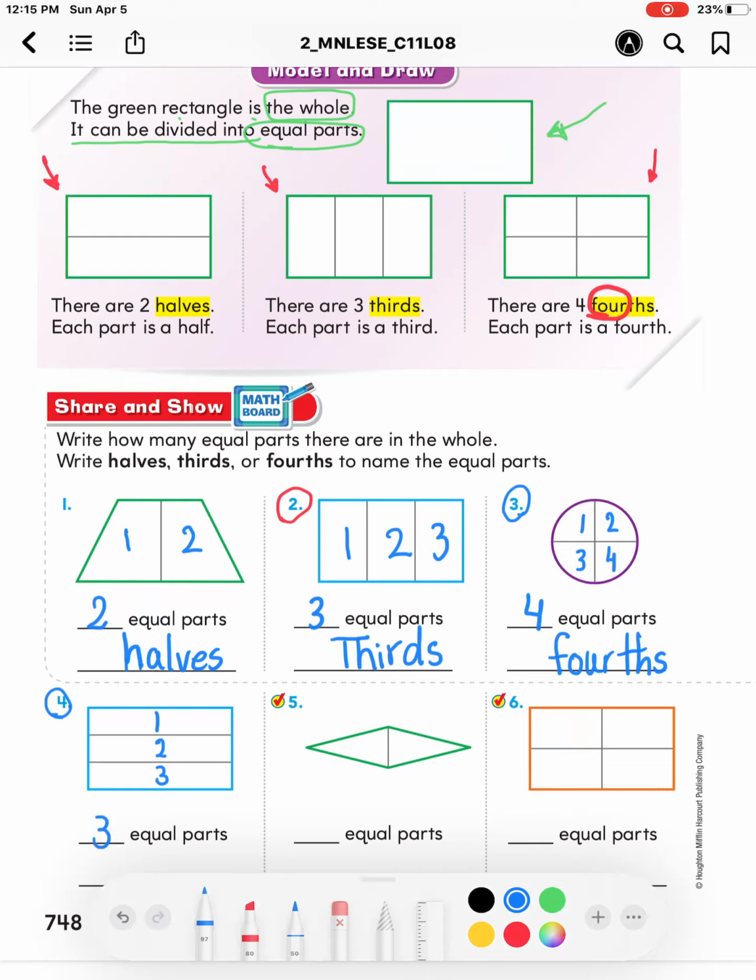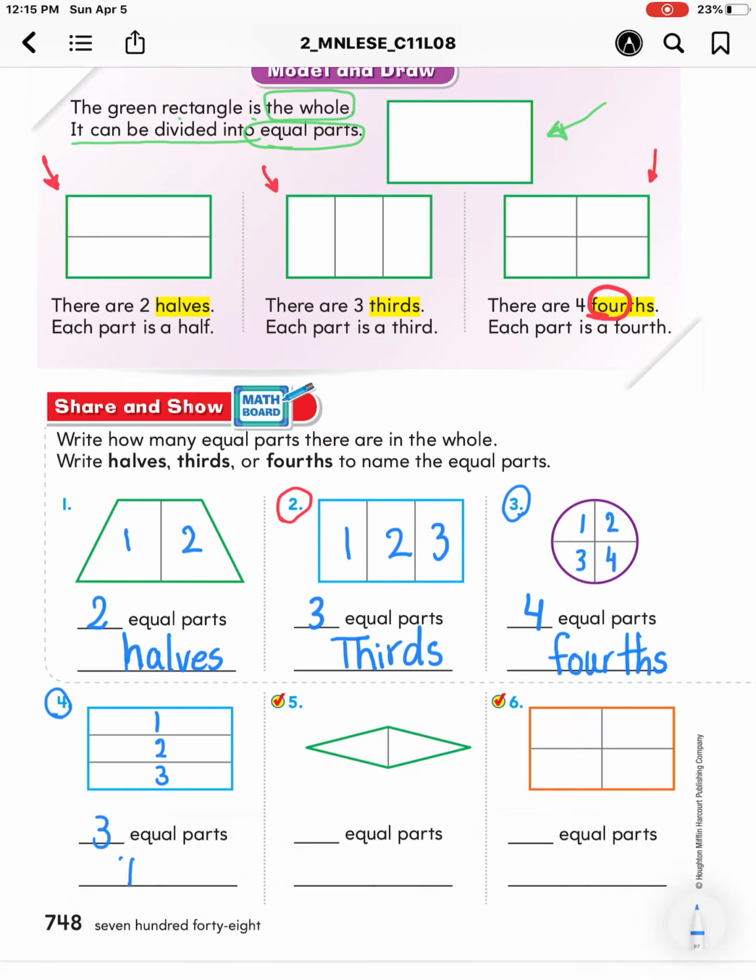So we have 3 equal parts, which means thirds, right? Now we have here in question number 2 and in question number 4 the blue rectangle, the same whole. But we have different ways of forming the thirds. So that means we have different ways to divide a shape into equal parts, even if we are saying thirds.